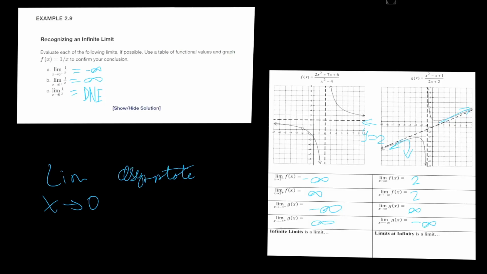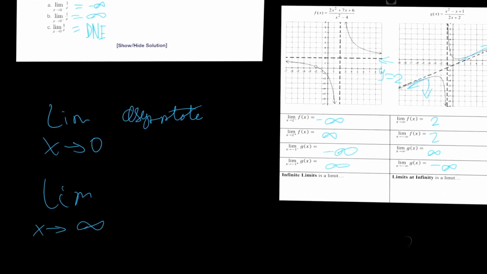And we also talked about finding the limit as x approaches infinity and negative infinity. We also talked about the meaning of plus and minus.